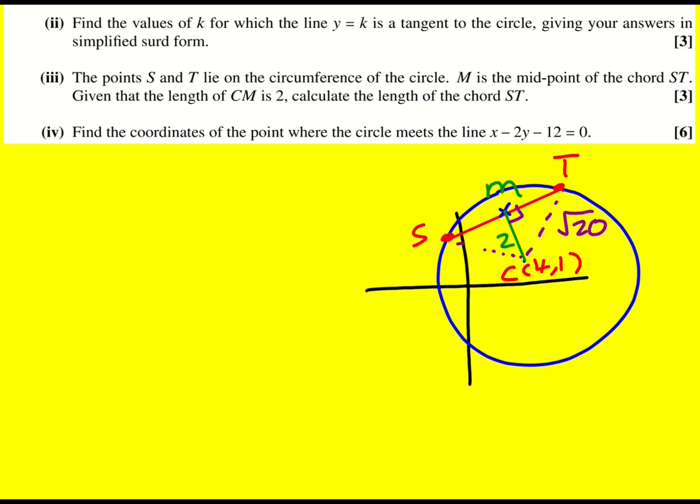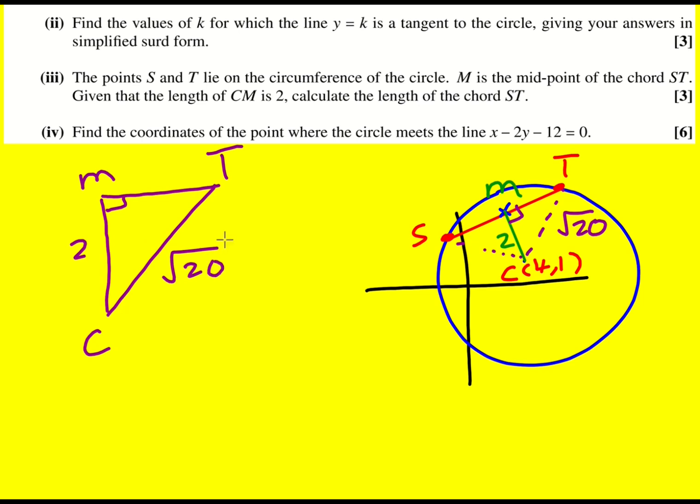What I've got is, I'm just going to draw this triangle out. So I've got a right angle triangle. I've got M, T, C. This is 2, and this is root 20.